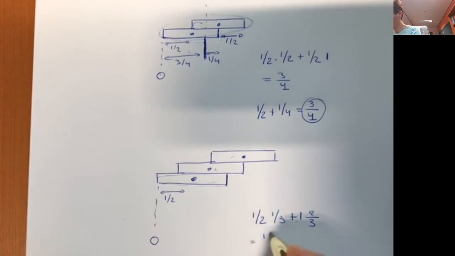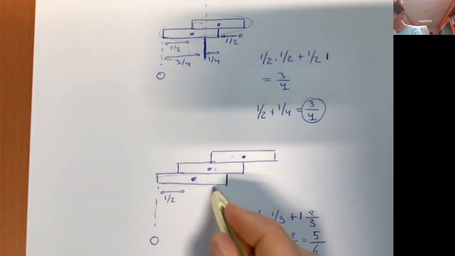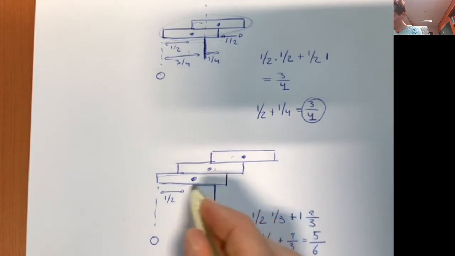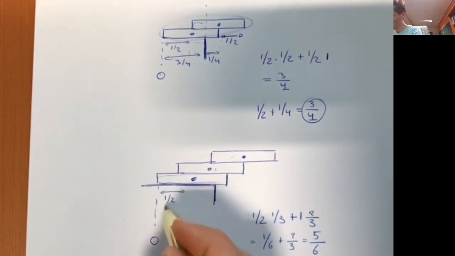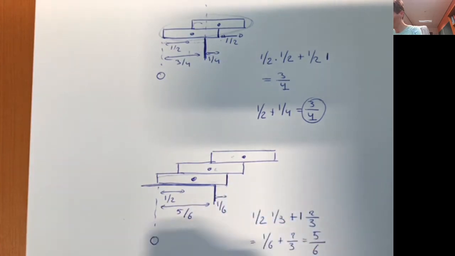Okay, so this is 1/6 plus 2/3. So this is, if I compute correctly, 5/6. So let's say that this is somewhere over here. I don't know. So this is 5/6, and then this will be 1/6, because it's the remainder of the shelf.